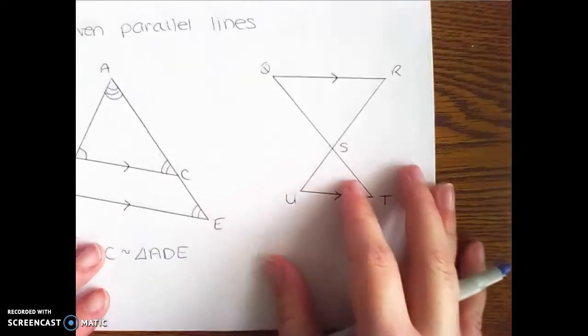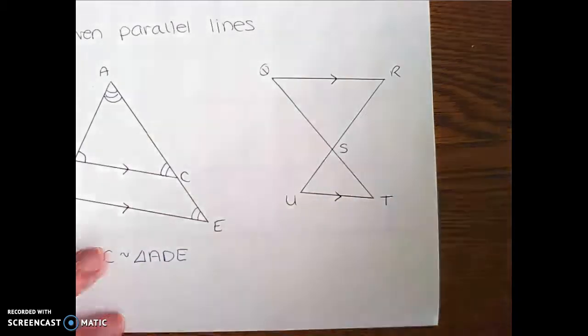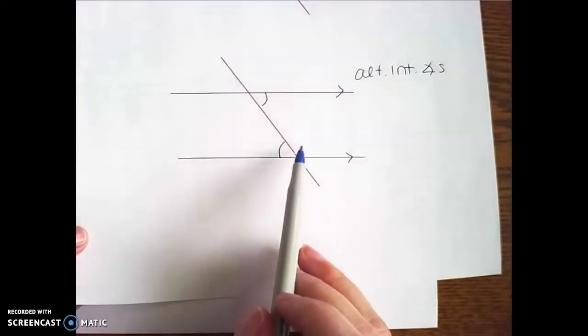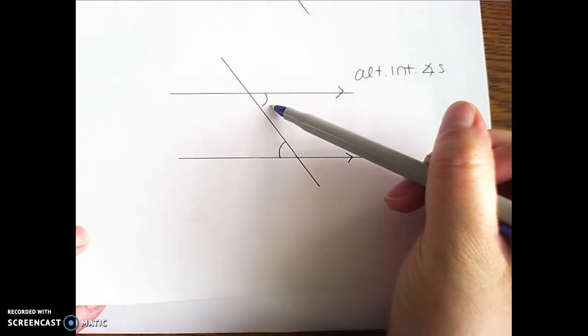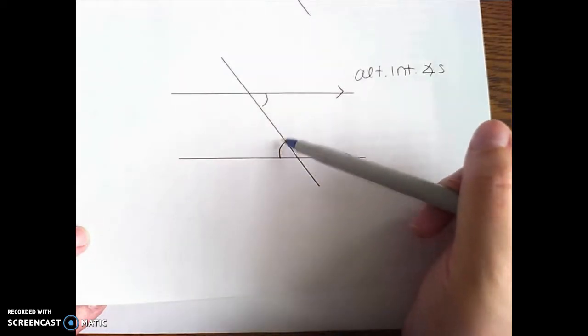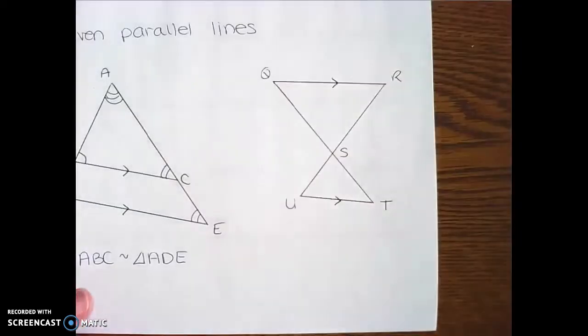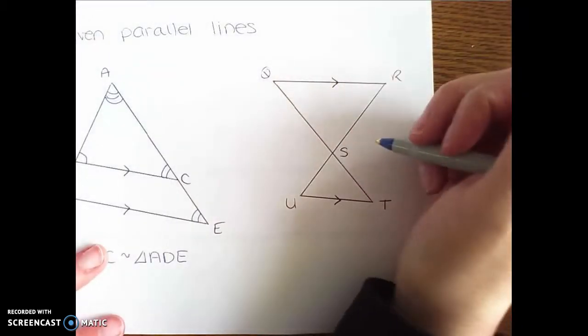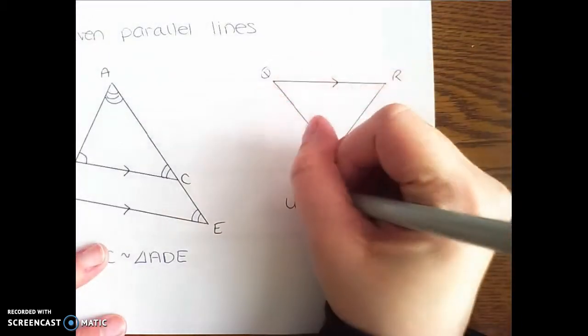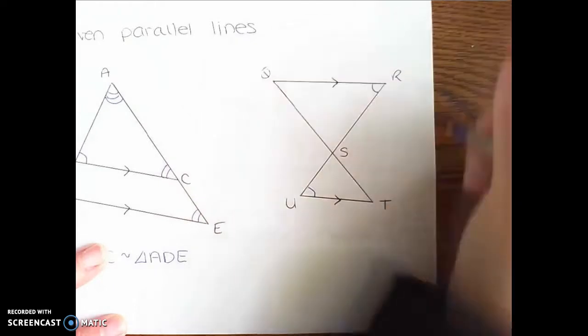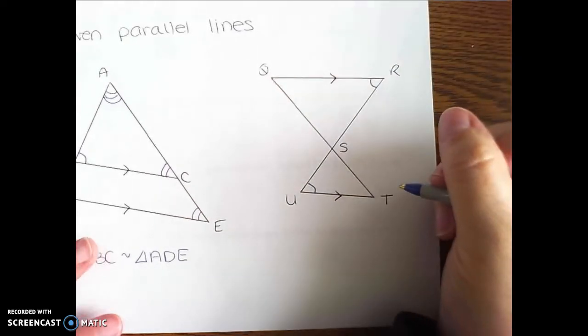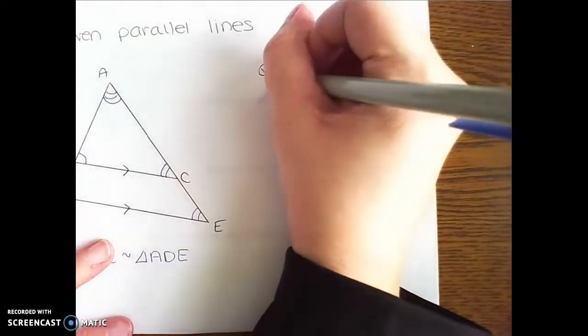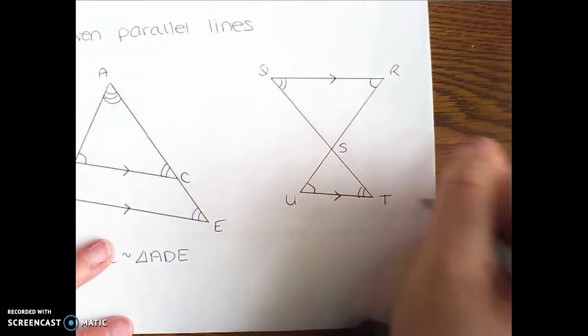In this diagram, I have alternate interior angles. As a reminder, with alternate interior angles, one is on one side of the transversal, one is on the other. They're both inside of the parallel lines. So I have alternate interior angles U and R congruent to each other, and they're congruent because the lines are parallel. Q and T as well.